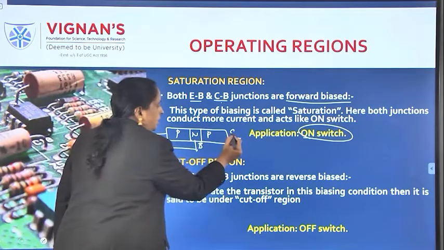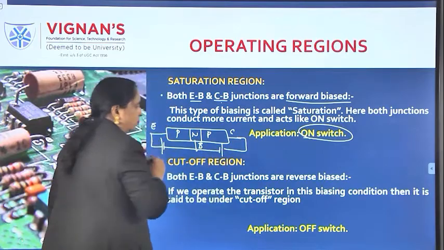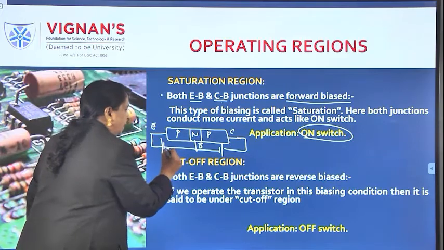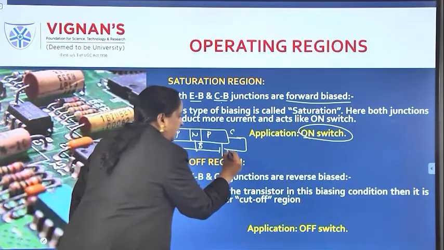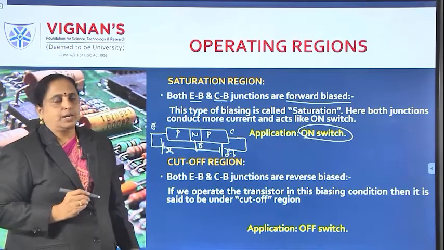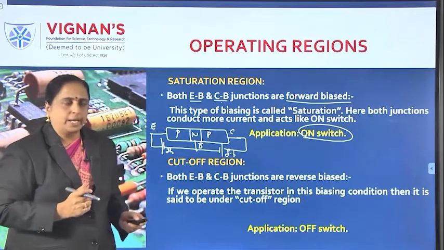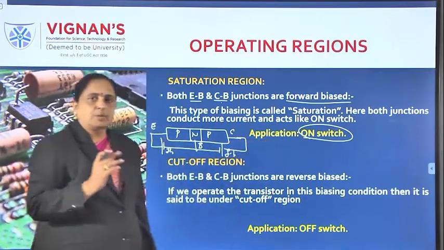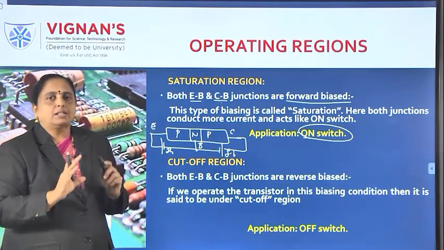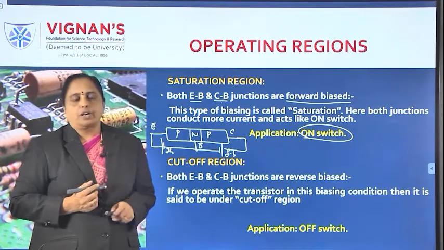As both junctions are forward biased, more current is possible, as with an on switch. So we can say that the transistor is on because both junctions are forward biased.